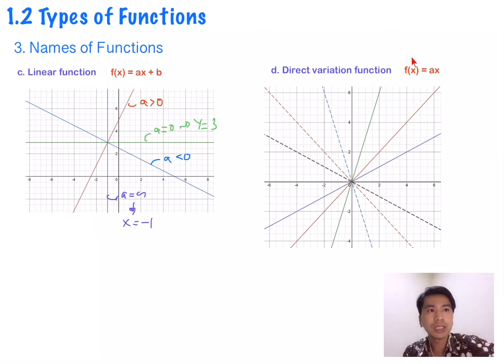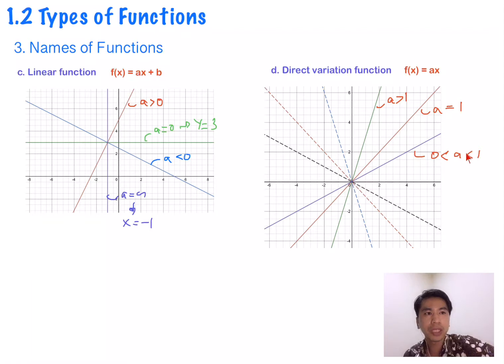The direct variation function is the simplifications of the linear functions. As you can see over here, there is no y-intercept over here. So I'm going to write the slope sign for us. For the first three solid line, we have the red line represent y equal with x, which means that the a is equal to 1.